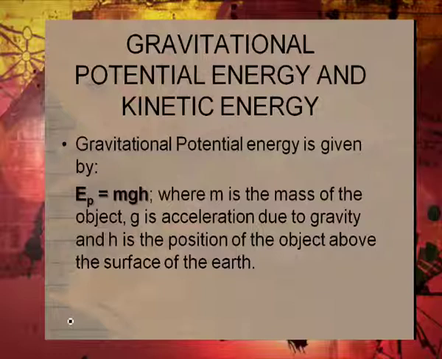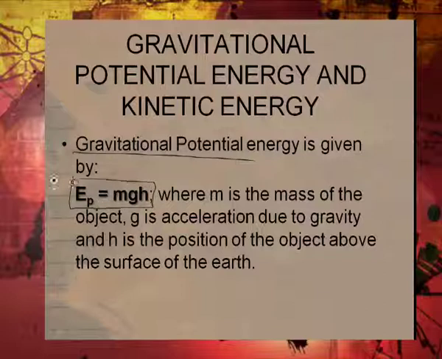Like I said earlier on, gravitational potential energy depends on the mass of the object as well and the height of the object above the Earth's surface. And from this formula here, we are able to calculate the gravitational potential energy, which is given by the mass of the object times the acceleration due to gravity, which you know is given as 9.8 meters per square second.